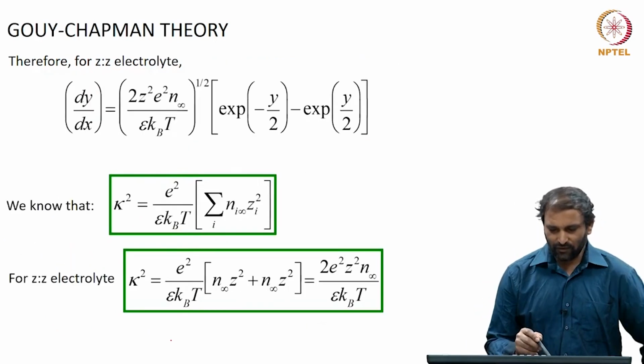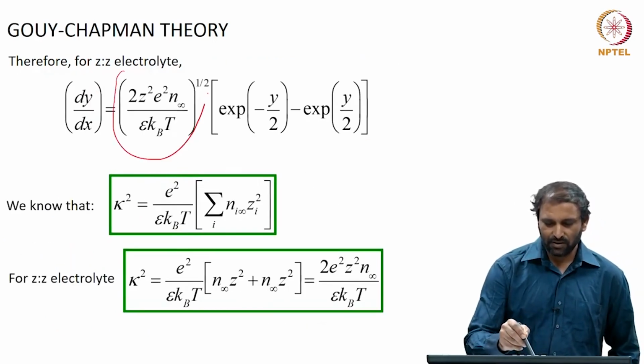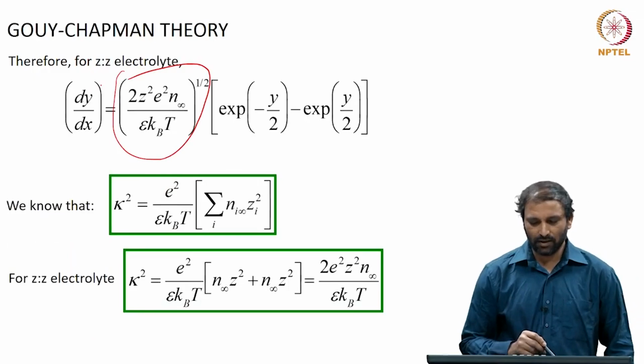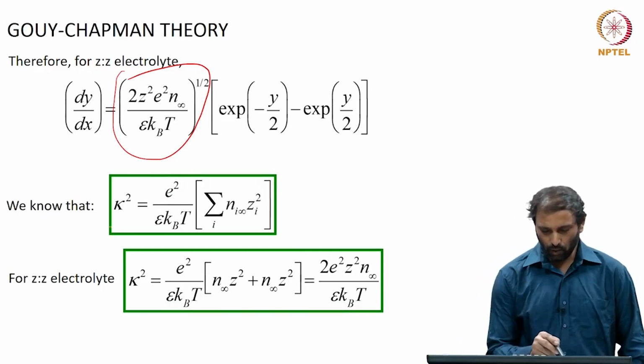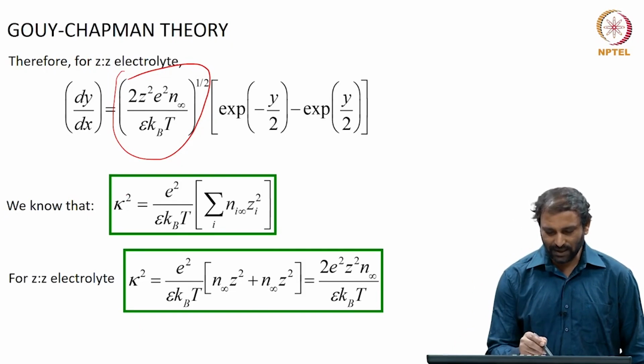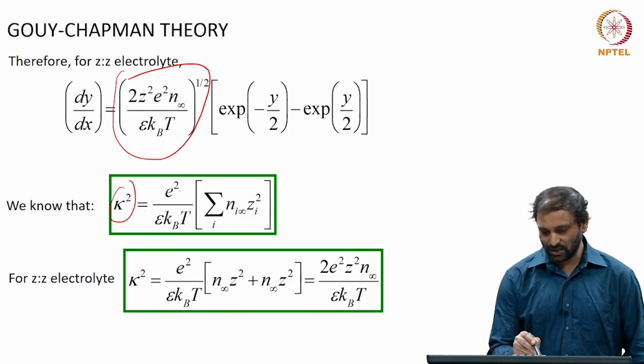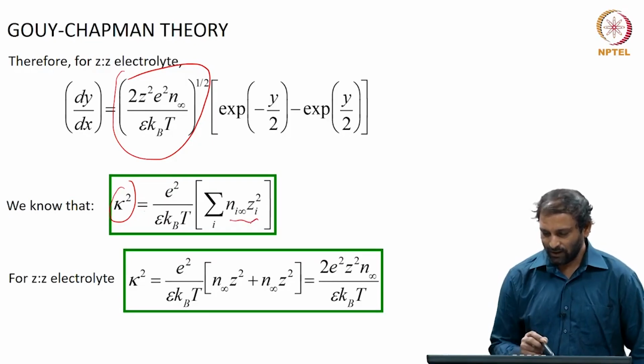Now, if you take a closer look at this expression, it turns out that you can relate it to kappa. What we know from the definition of kappa is that kappa square is equal to E square divided by epsilon kBT multiplied by summation over i of ni infinity into Zi square.